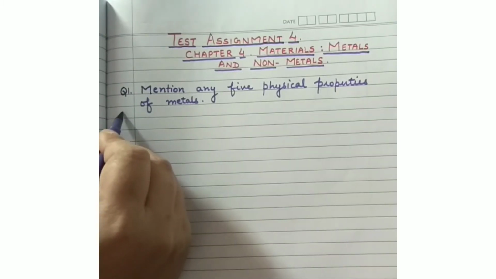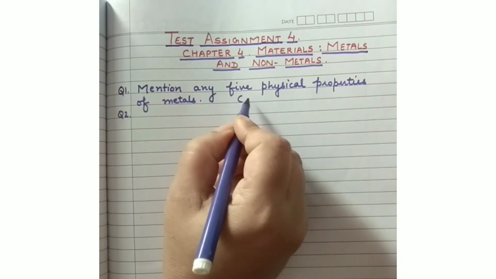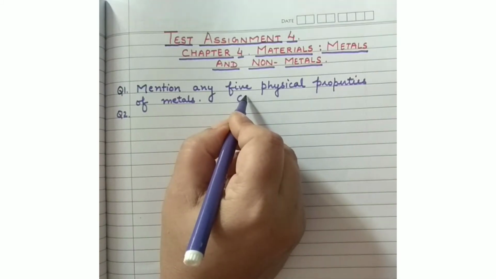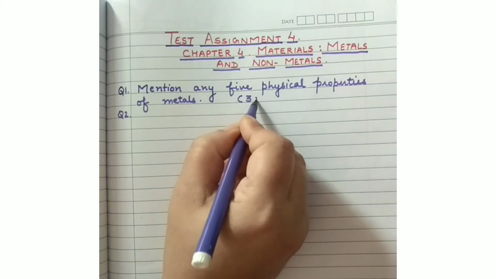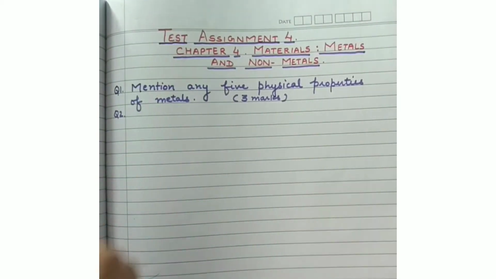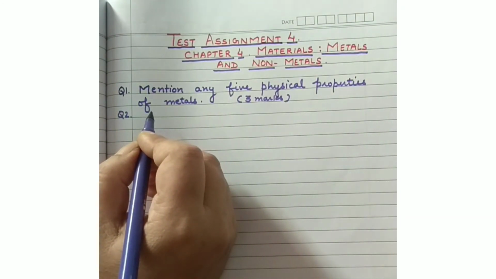Now in this question you have to write down the 5 main physical properties of metals. This question is of 3 marks. Okay, this is your first question of materials, metals and non-metals.